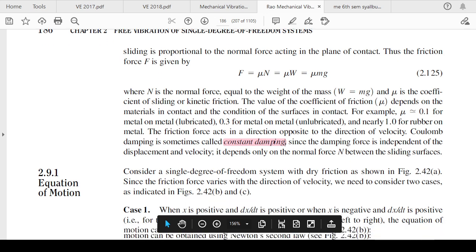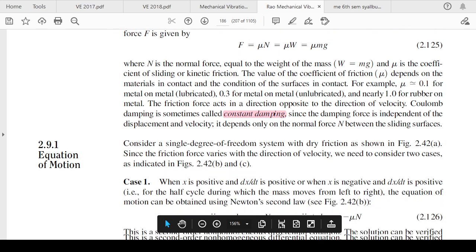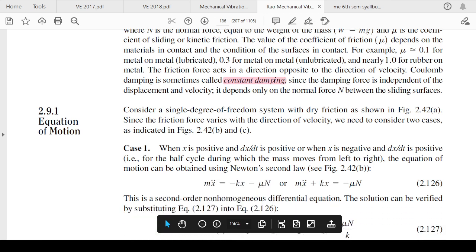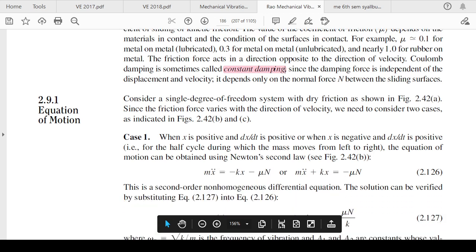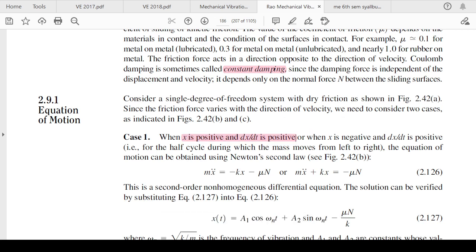If you consider the equation of motion for the single degree freedom system with dry friction or Coulomb friction, there are two cases. When x is positive, then dx by dt is positive, and when x is negative, then dx by dt is positive, for the half cycle.